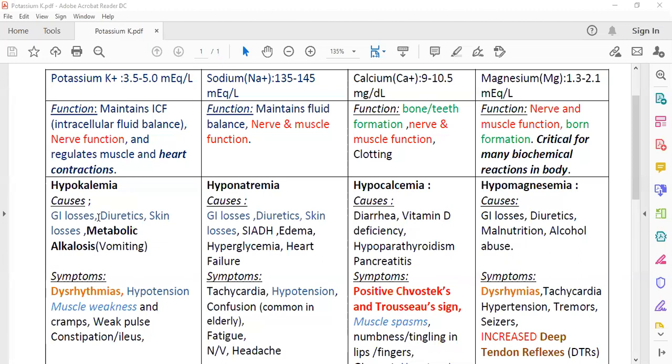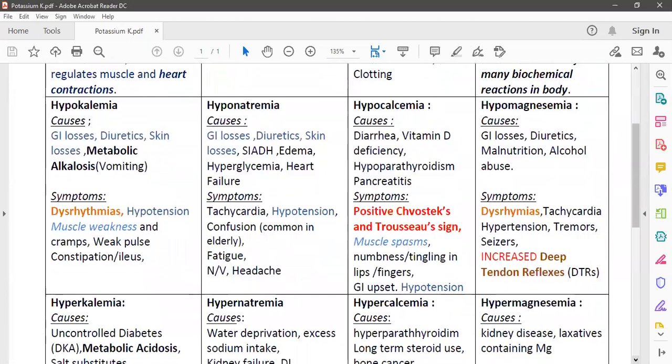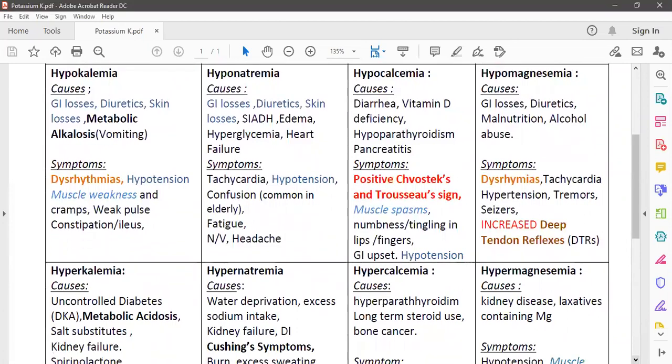Now we are going to focus on the signs and symptoms when imbalance occurs. When potassium is less than the normal range of 3.5, it is called hypokalemia.